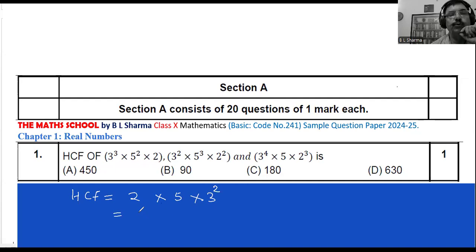So 2 fives are 10, 3 threes are 9, that is 90. Therefore you can say that B is the correct option.